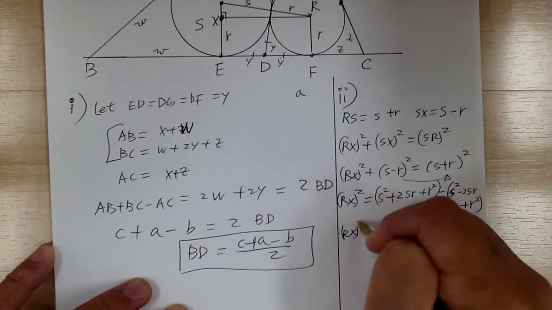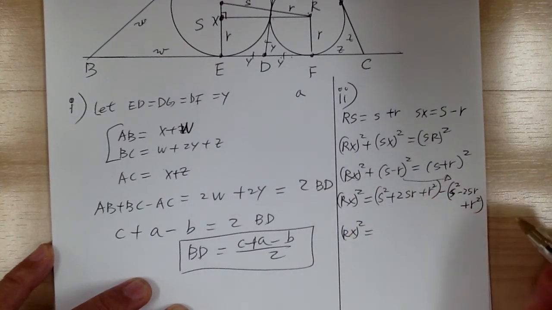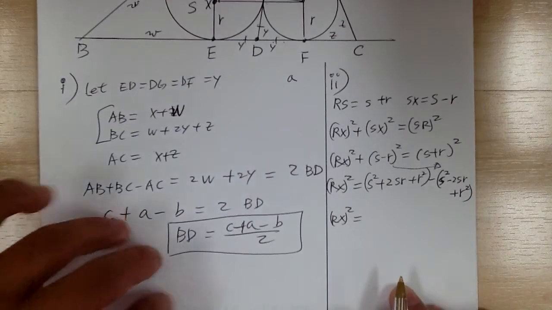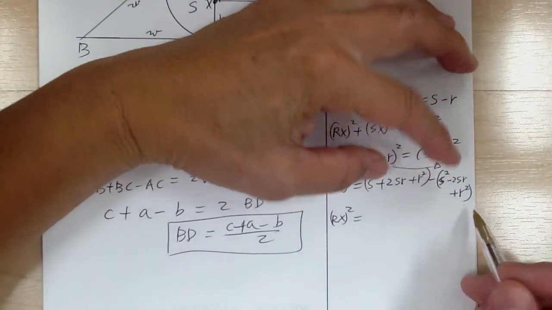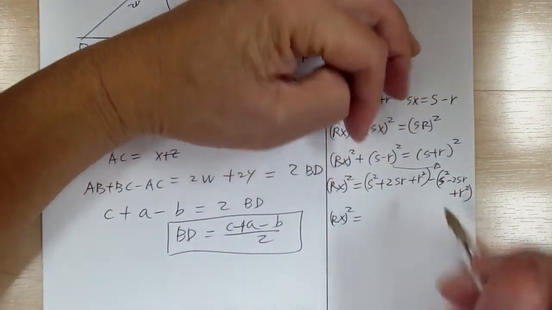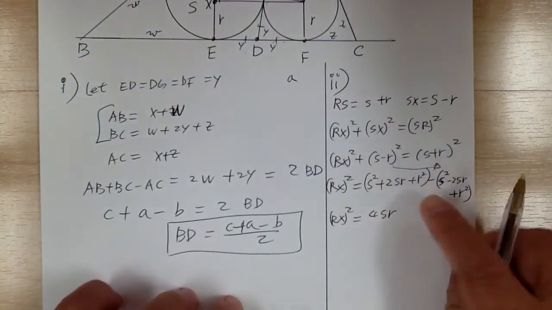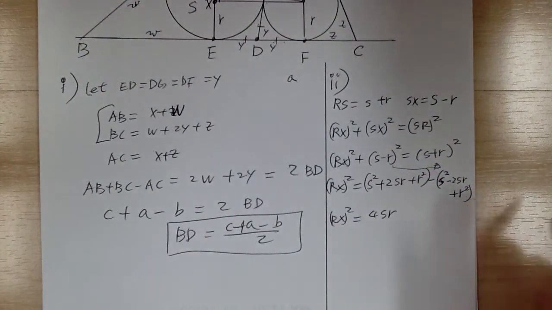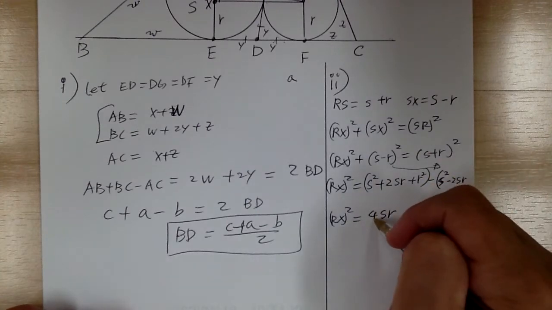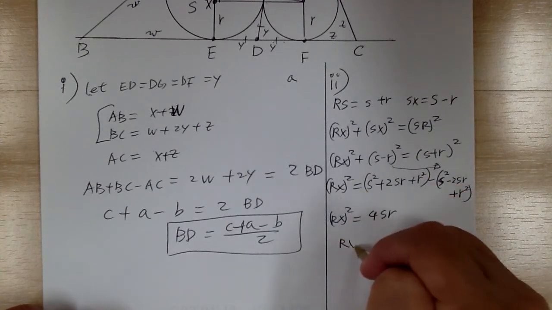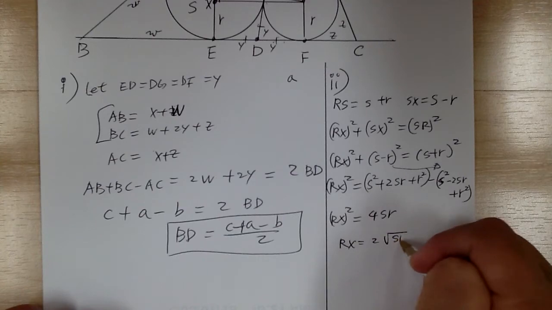So Rx squared equals, when you subtract, this will cancel out, and minus minus gives you plus, so it becomes 4SR, and R squared minus R squared cancels out. Now take the square root, so Rx equals 2 square root of SR.